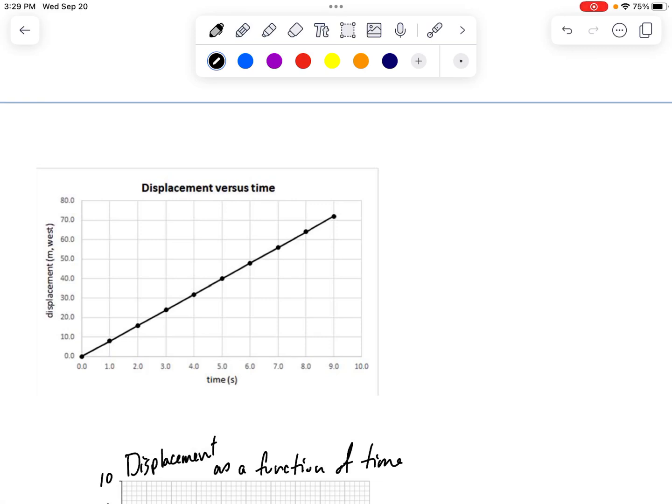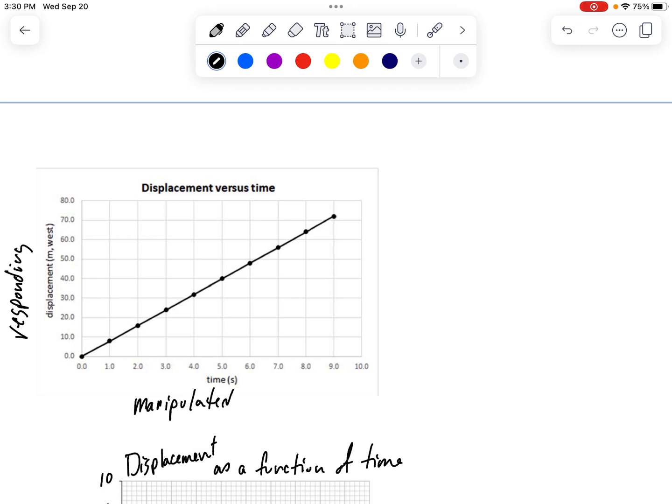Okay, in this video, we're going to try to go over a few things with graphs. Anytime that we've got a graph, we know that the manipulated variable goes on the x-axis and the responding variable goes on the y-axis.